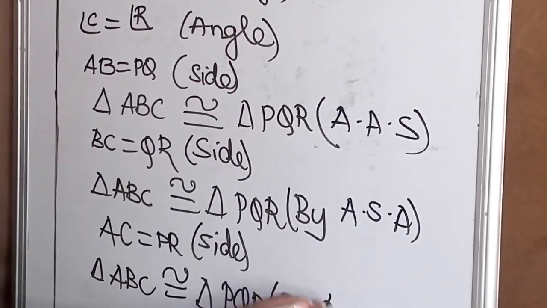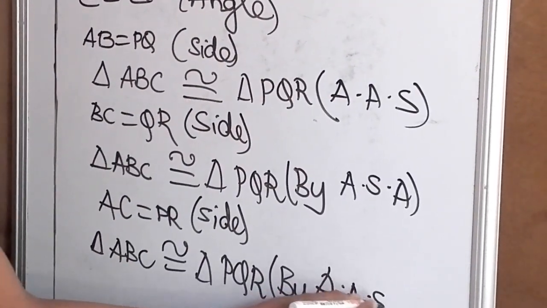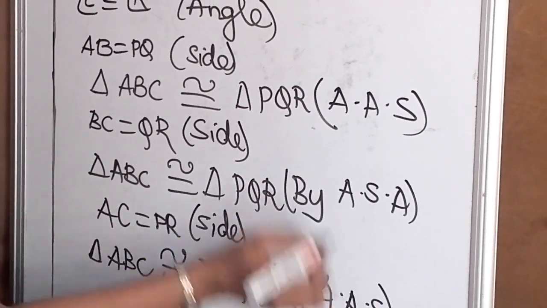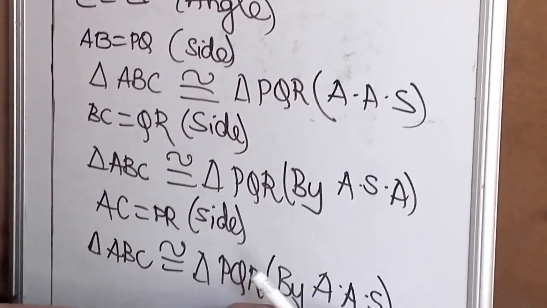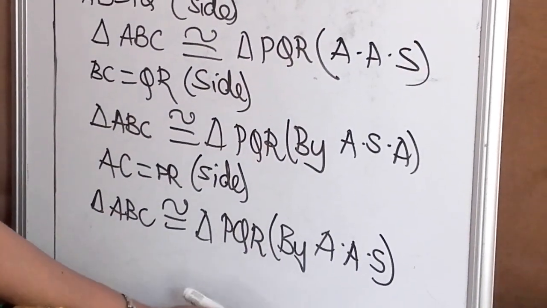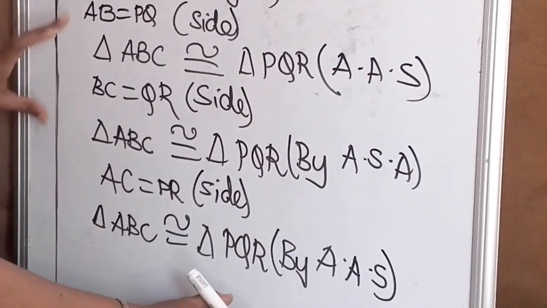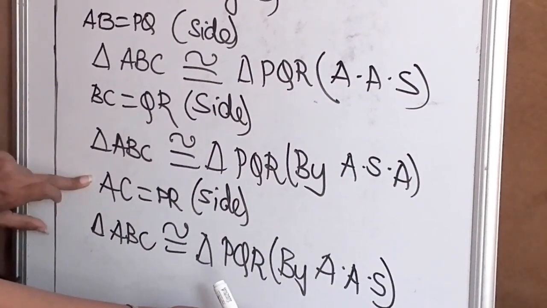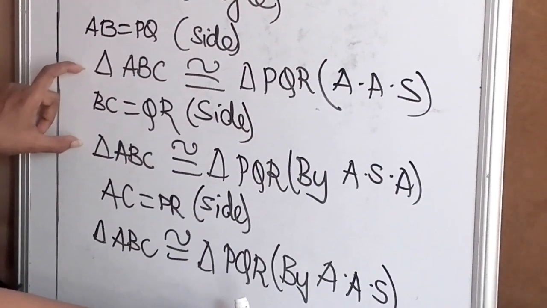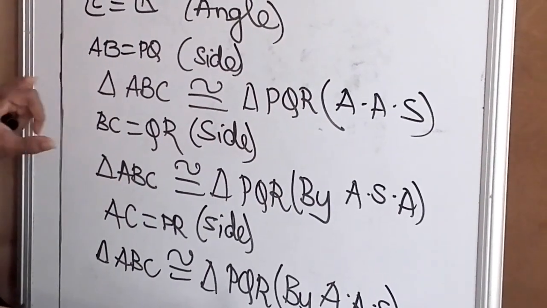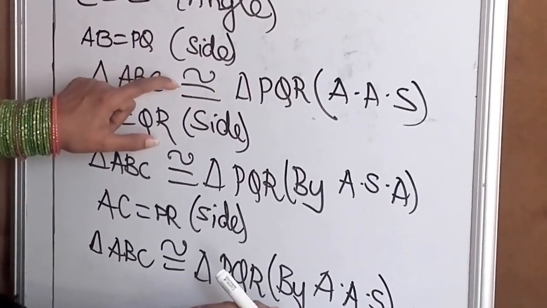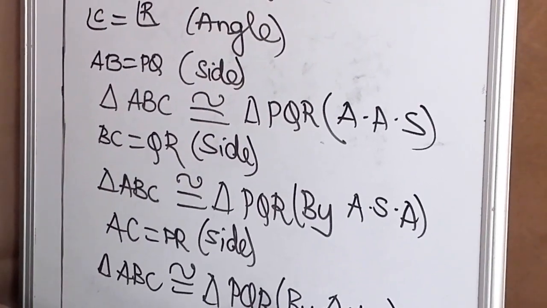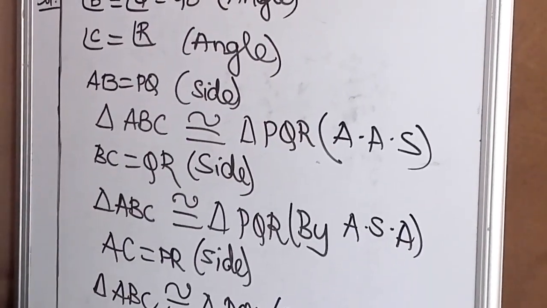By angle, angle, side, congruency. Understood this? Any one of these three conditions, if they give, you can say that the triangles are congruent to each other. Understood this? Copy in your class workbooks, children.